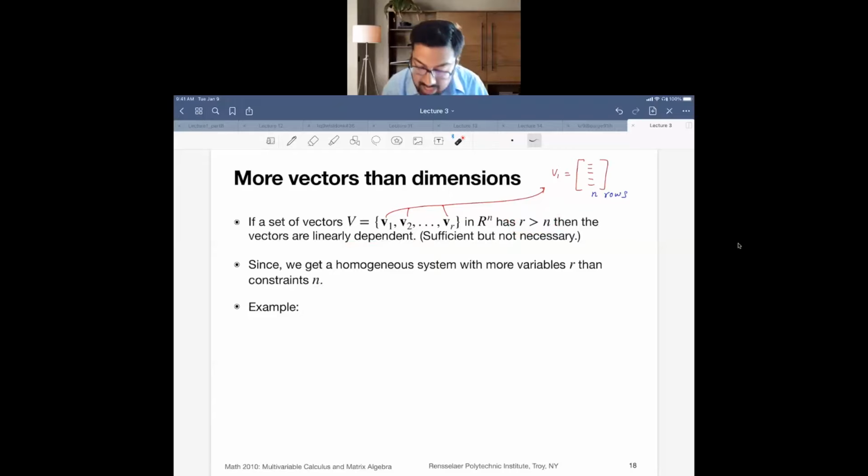But if r is greater than n, then we can say that it is a linearly dependent set, because we get a homogeneous system of equations, Ax equals 0. We get a homogeneous system with more variables than constraints, which makes it have many solutions, and we can say that it is linearly dependent because we have non-trivial solutions now.